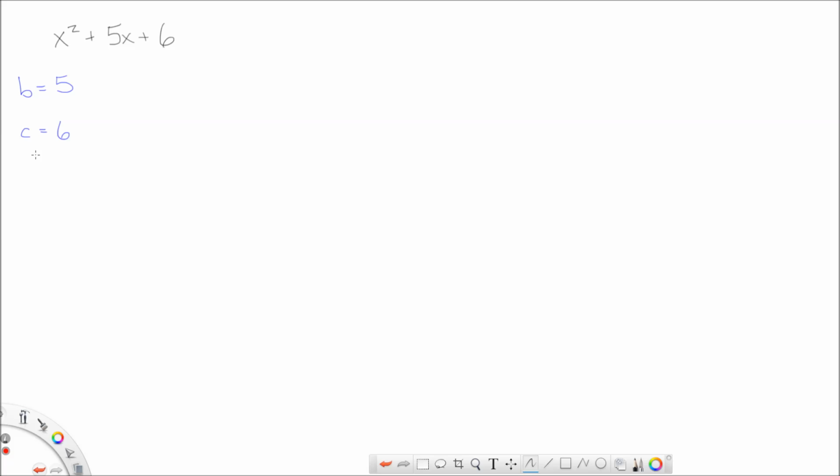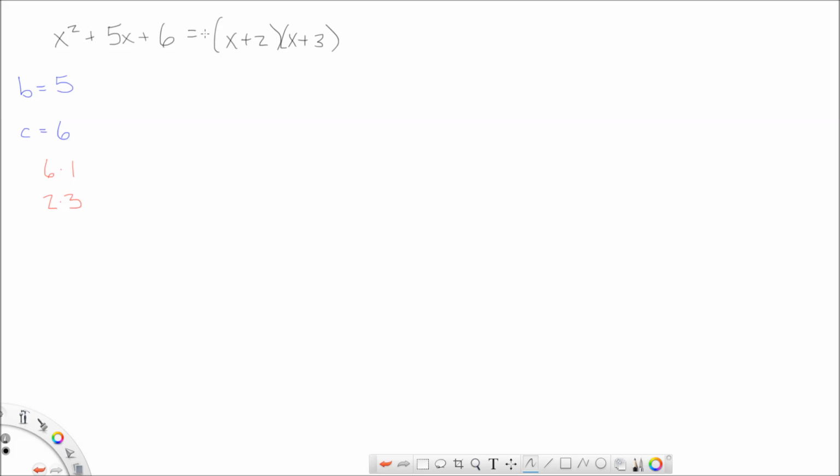So the only options we have here for 6 are 6 times 1 and 2 times 3. You can immediately see 6 times 1 adds up to give 7, and 2 times 3 adds up to give 5. So what we're going to use is the 2 and the 3. So this is going to be equal to x plus 2 times x plus 3, since they are both positive here.